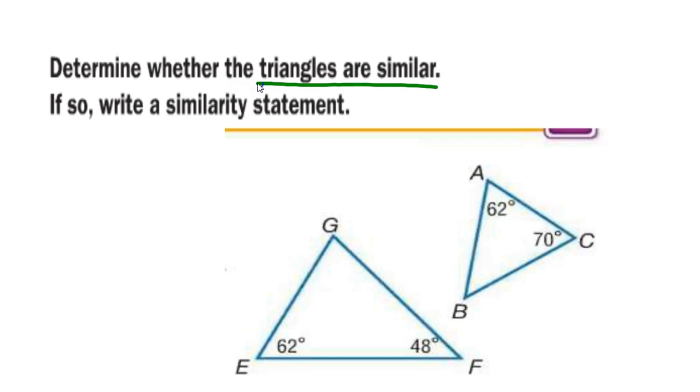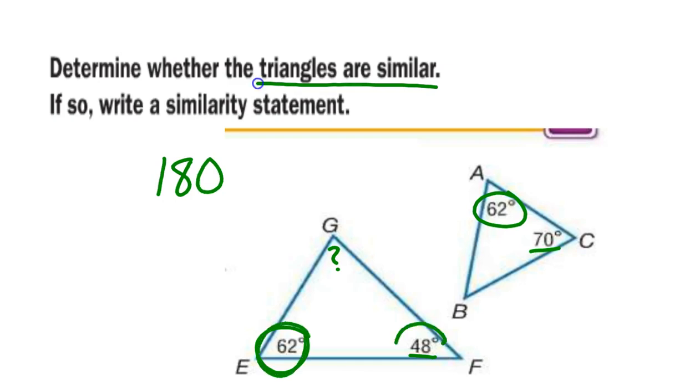So if I look at my first triangle, GEF, I have one angle that's the same on both triangles, but I need two angles. Well, the other one's not. But let's find angle G. Now remember, in order to find angle G, we have to take the three angles of a triangle that we know add up to 180 degrees, and we're going to subtract the two angles that we know.